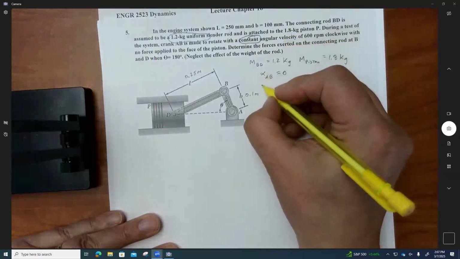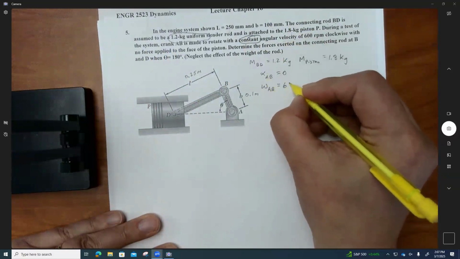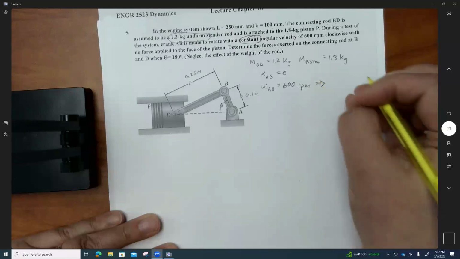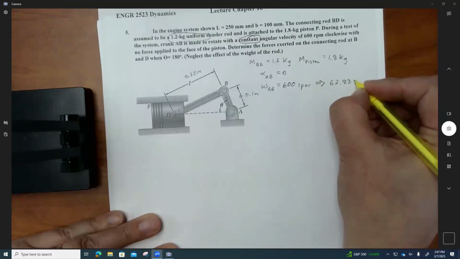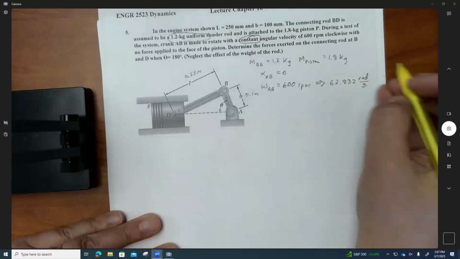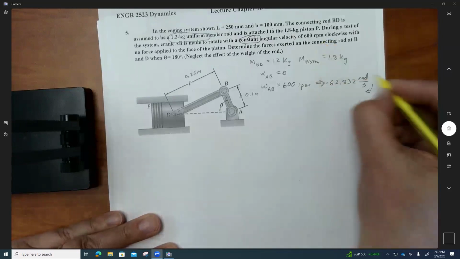Angular velocity of AB is 600 RPM, and you can transfer that into 62.832 radians per second, clockwise. All right, clockwise, so a minus K.